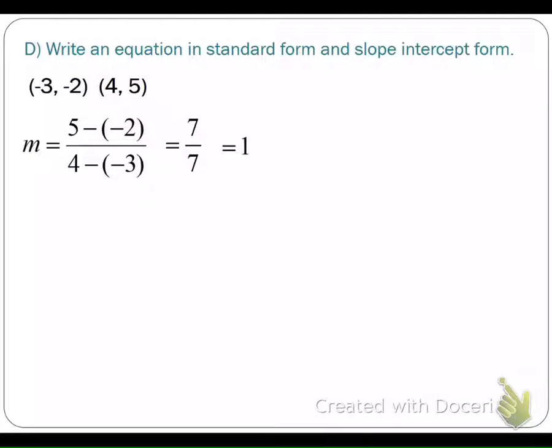Now, I would obviously be drawn to one of these ordered pairs. It would be the one where they're both positive. I don't want to work with negatives if I don't have to. So I'm going to plug 5 in for the y, 4 in for the x, 1 in for the m. I'm going to solve for the b.